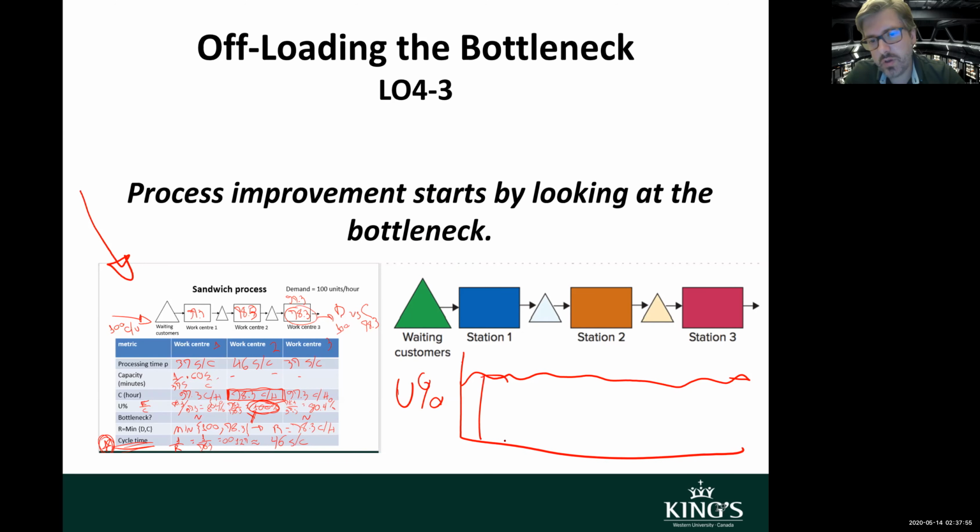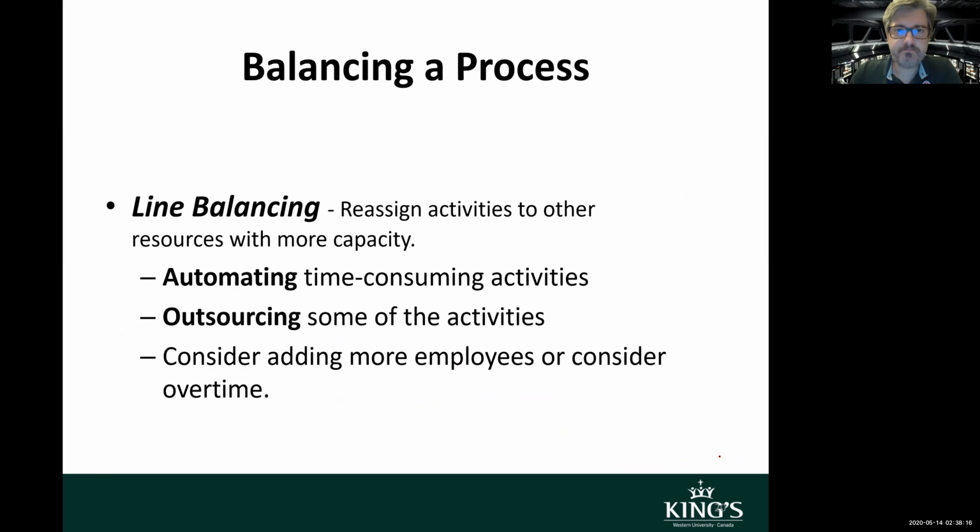So you should be running at roughly the same kind of utilization that creates a stable flow, a stable pace. And that's what you want, a cycle time that is predictable overall, and it's closely aligned with each one of the work centers in your process.